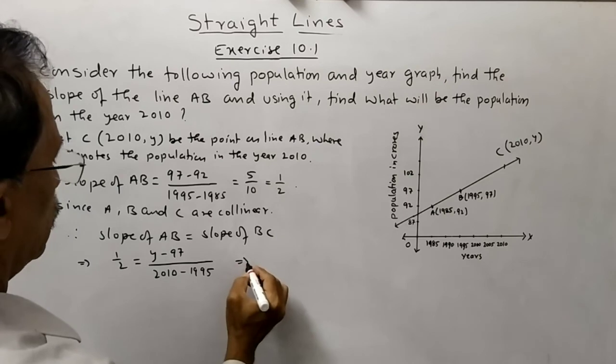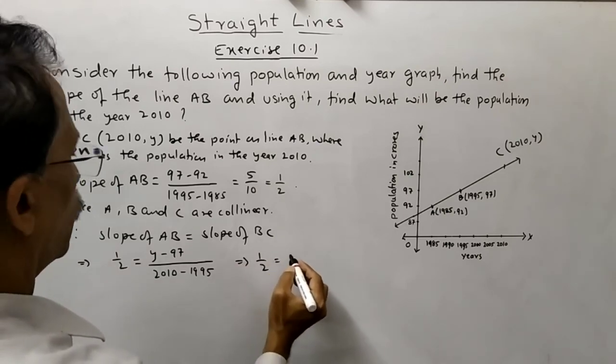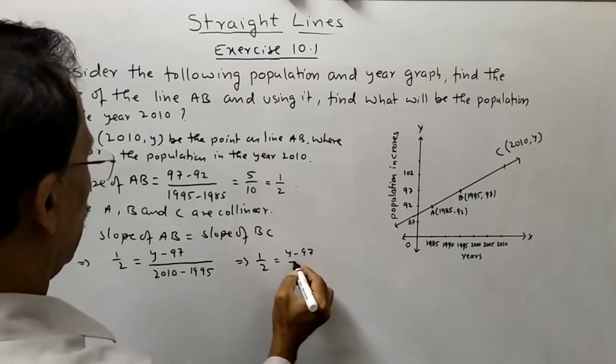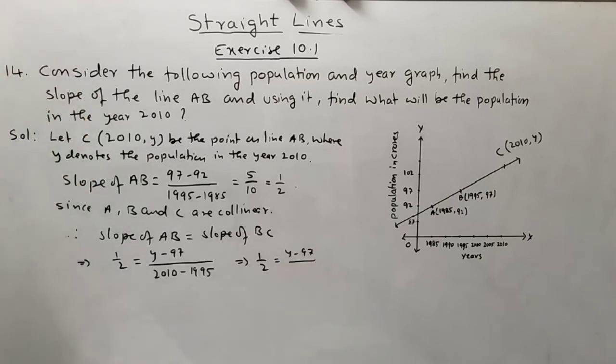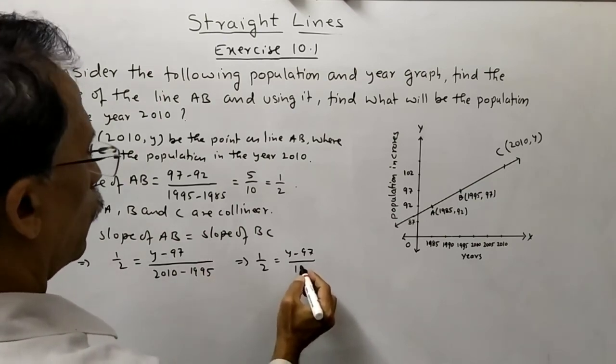This implies 1 by 2 is equal to y minus 97 divided by 15.